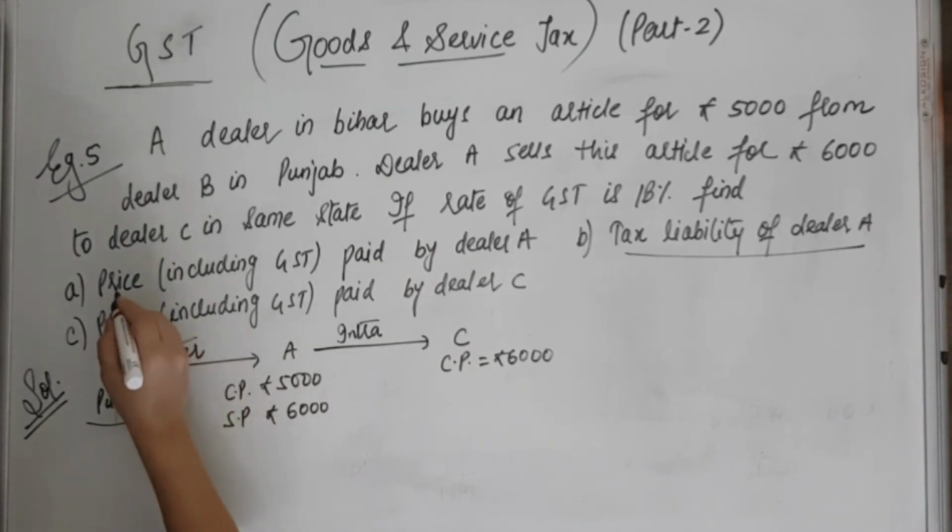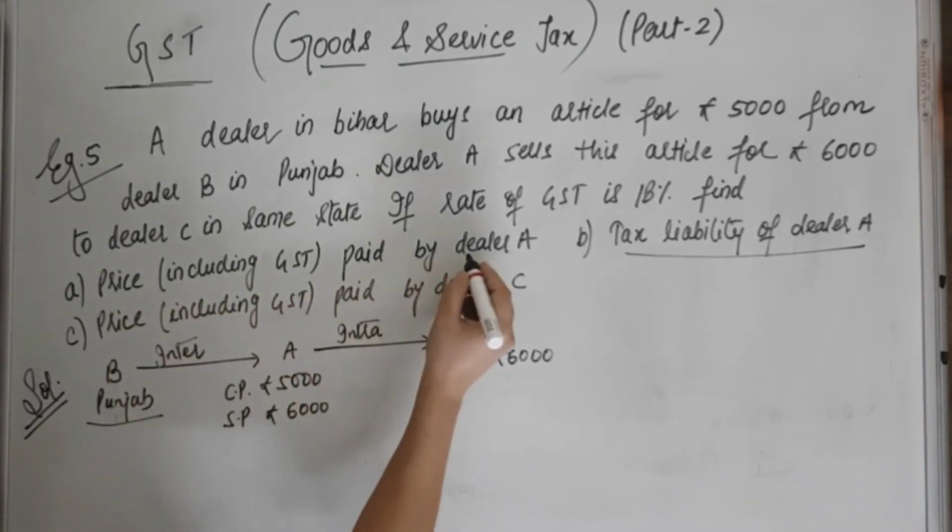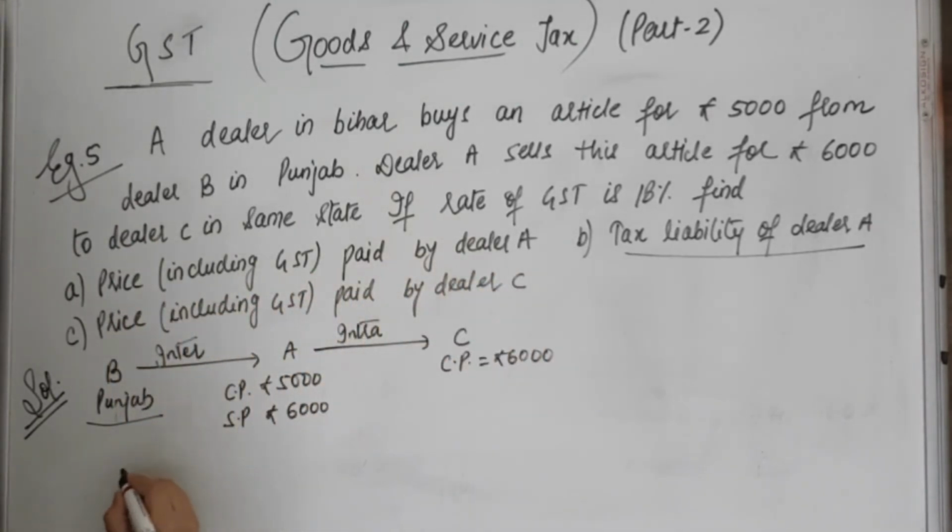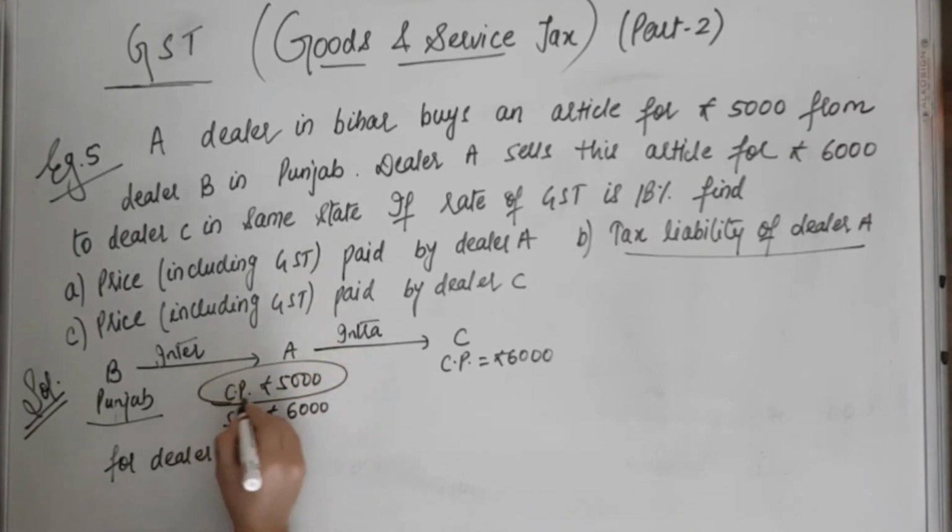Now we have to calculate the price including GST paid by dealer A. So for dealer A, this is the cost price. That means he is purchasing. So at this time also he has to pay some tax. That will be input tax.